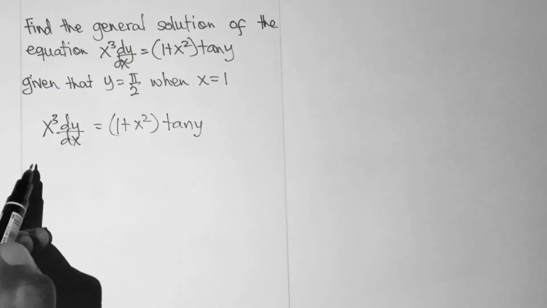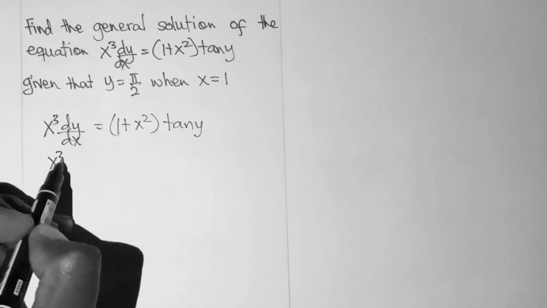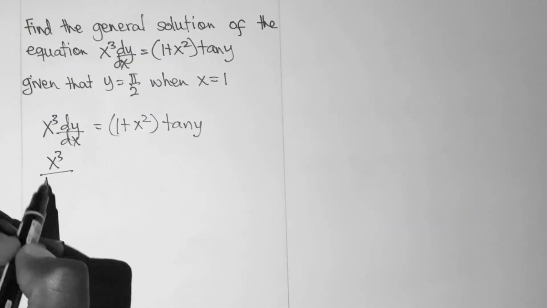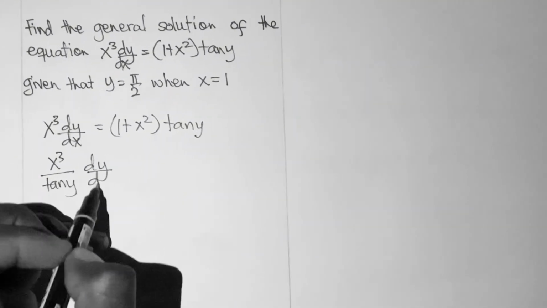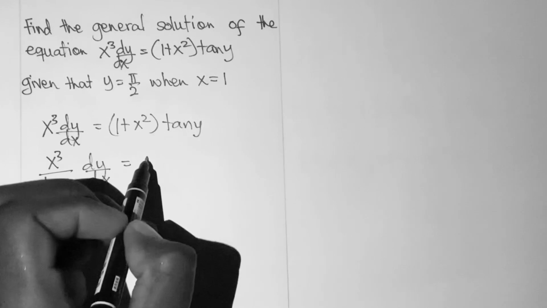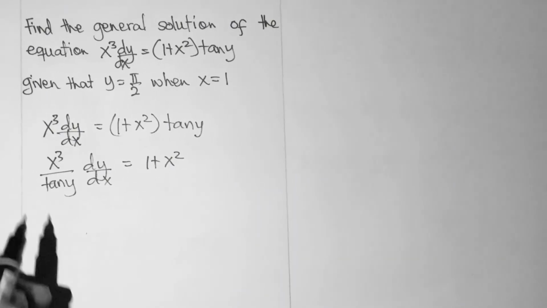So let's divide through by tan y. This becomes x cubed divided by tan y, and dy/dx is equal to 1 plus x squared. Now, let's divide through by x cubed.